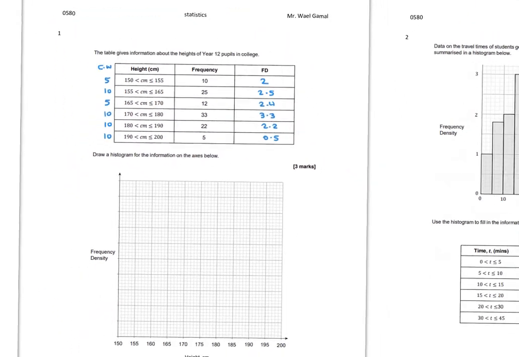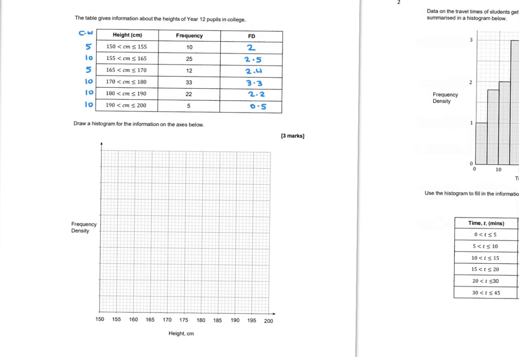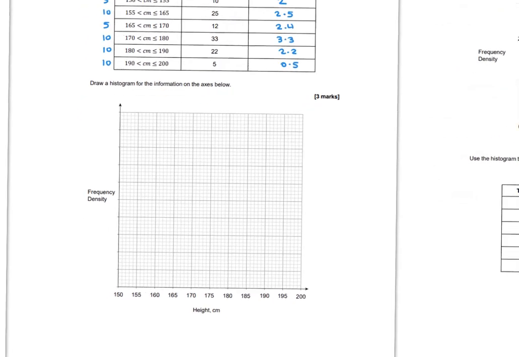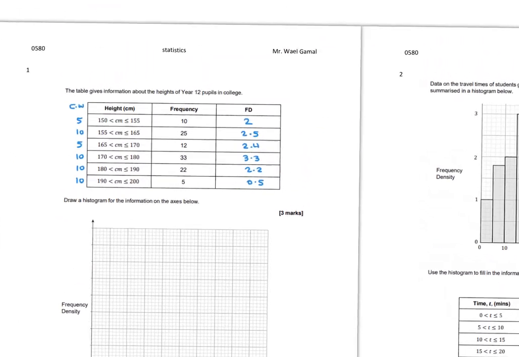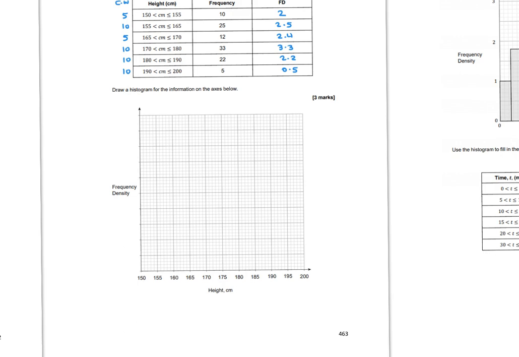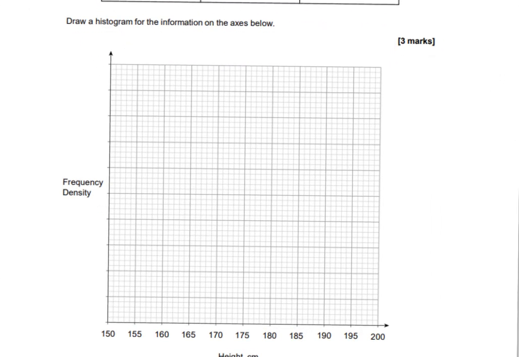You can draw directly. First, what is the greatest frequency density? 3.3. So our interval goes 0, 1, 2, 3, 4.